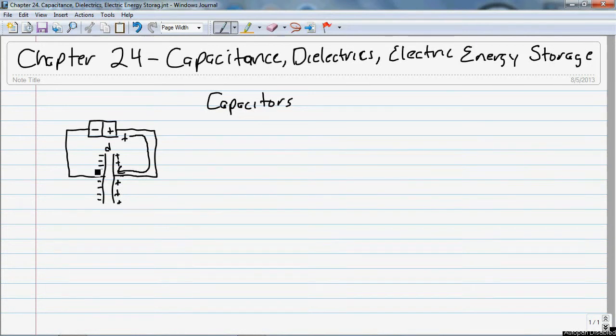And all the positive charges would be pushed towards the negative charge source.